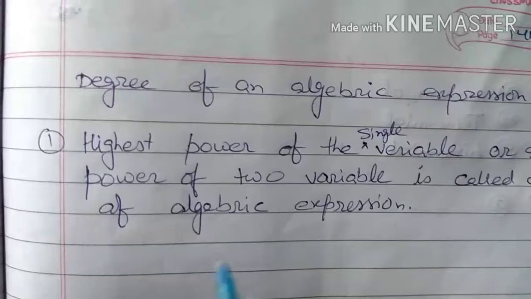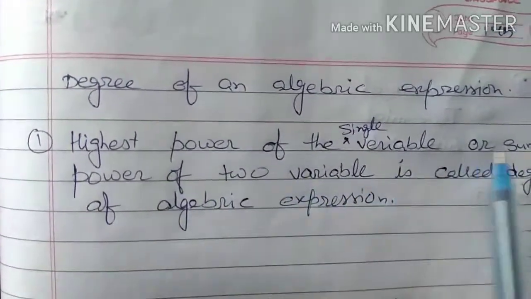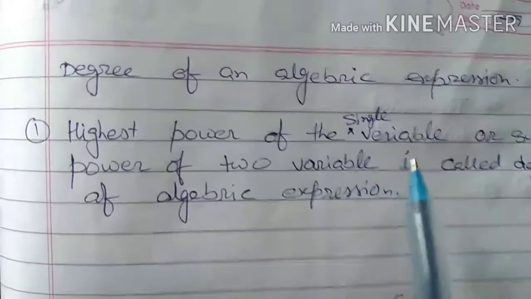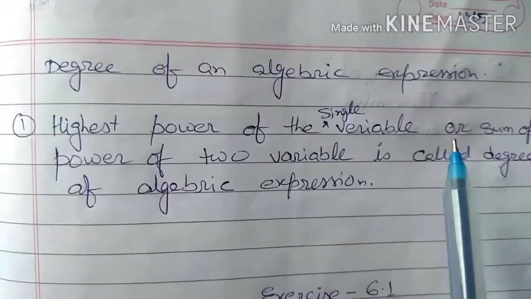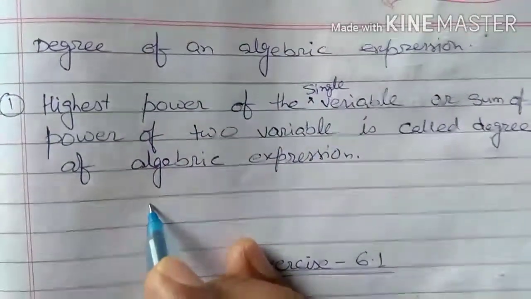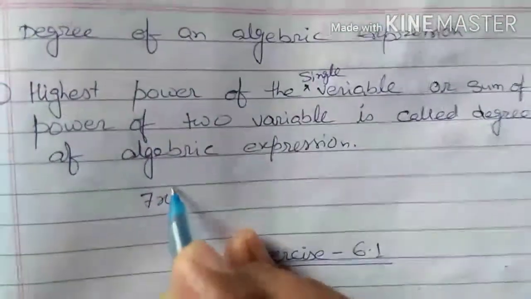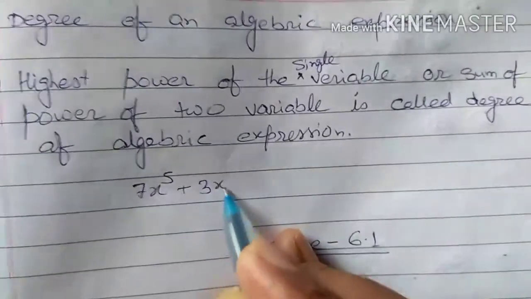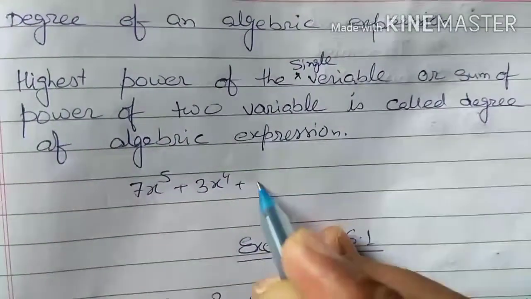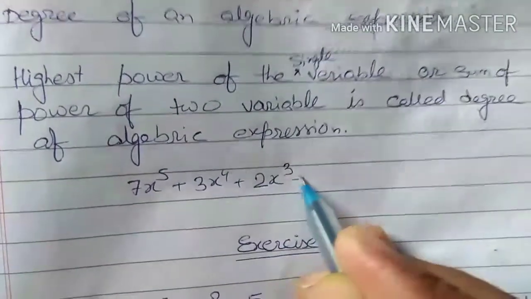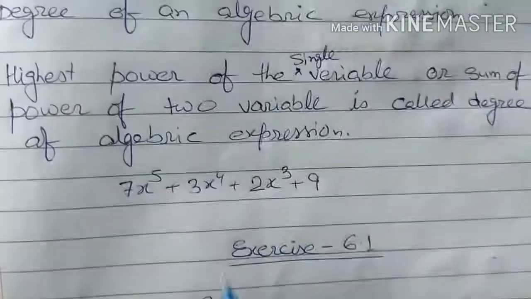The next one is the term degree. Degree of an algebraic expression. The highest power of a single variable is called the degree. Suppose a number is written 7x to the power 5 plus 3x to the power 4 plus 2x to the power 3 plus 9.